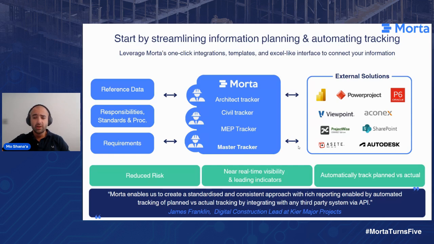And Morta then interfaces with a wide range of external solutions, from CDEs like Viewpoint, Aconex, and Asite, and Autodesk Construction Cloud, to the planning systems in order to align plan dates. Now, ultimately, that helps you reduce risk, automate tracking, plan versus actual, and provides you with near real-time visibility and leading indicators of performance.